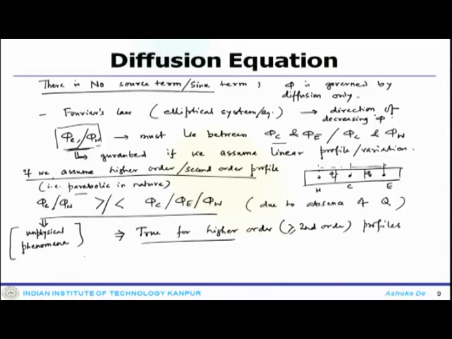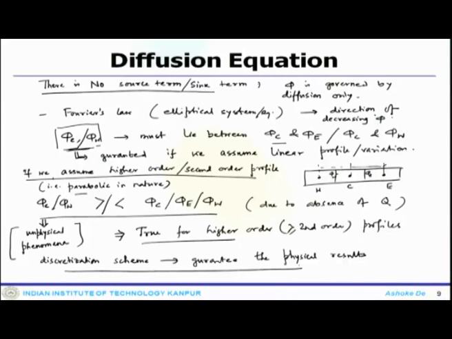So, the point here is that the discretization scheme, if it is adopted, has to guarantee physical results. That means you cannot afford to get unphysical results, which possibly happens if you assume a higher order profile in this particular case.